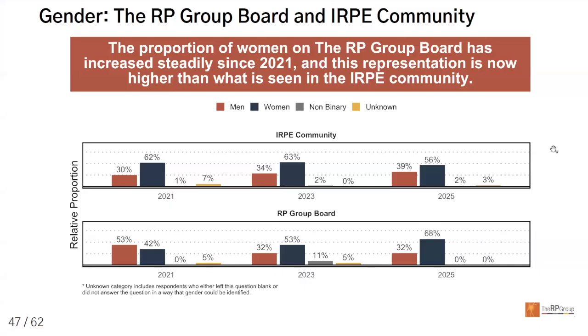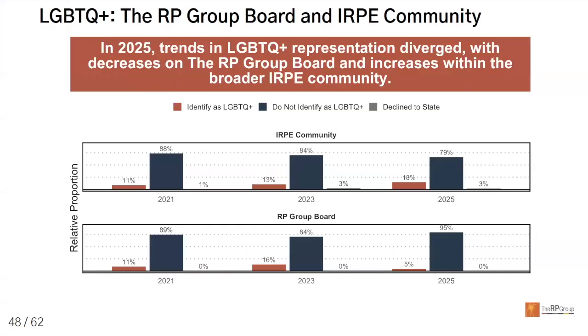Next slide. With representation regarding LGBTQ in 2025, trends show that representation diverged, with decreases in the RP group board and increases within the field.